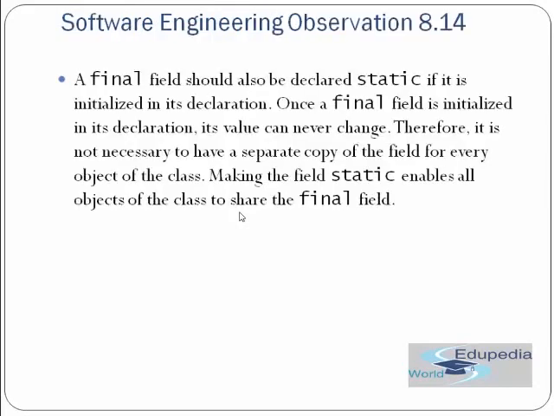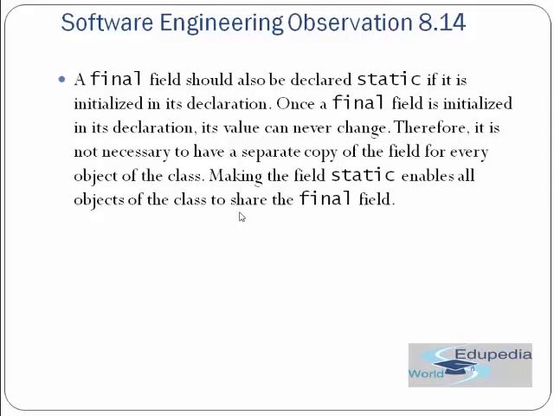Another observation states that a final field should also be declared static if it is initialized in its declaration. Once a final field is initialized in its declaration, its value can never change. Fine.